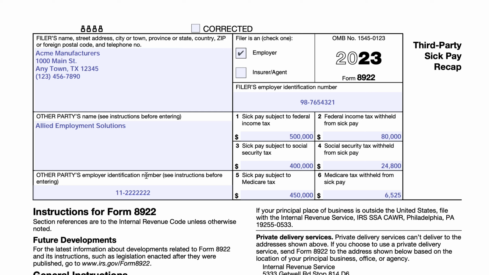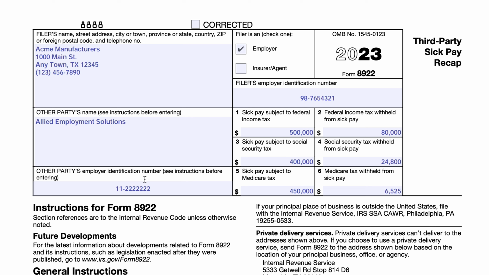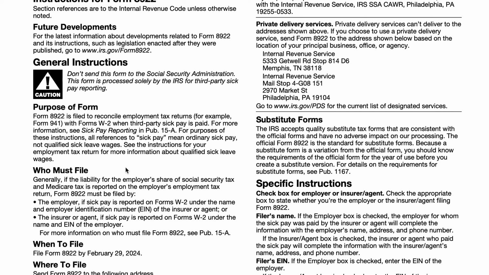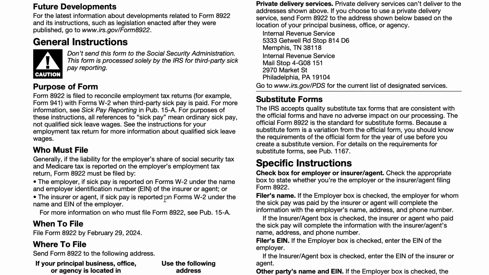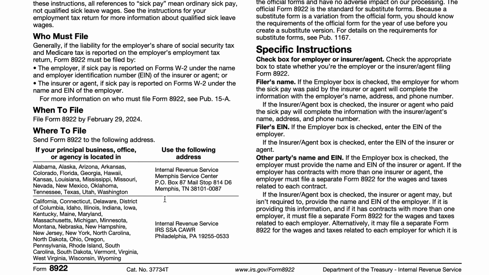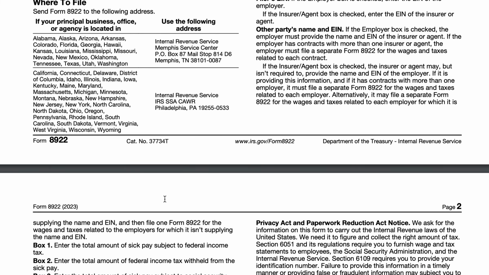So if you're an employer that is doing this with multiple third party payers, like a larger company, then you may have to file a separate form 8922 for each specific payer. Now, according to the form instructions, which you can see right here, you can go through the entire form, and the instructions are 2 pages.